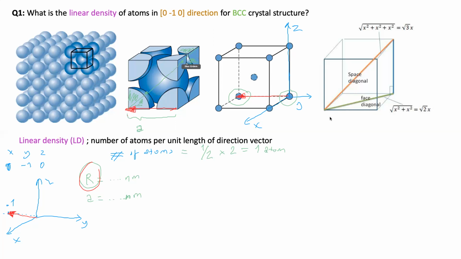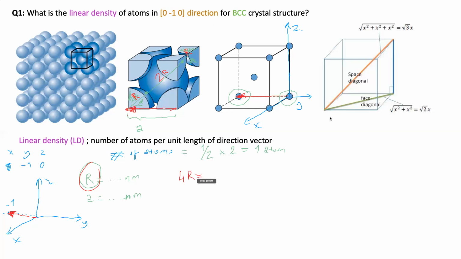When we check the distance for that space diagonal, I have R here, 2R for the central atom and 1R for the atom at the corner. So the total distance is equal to 4R.